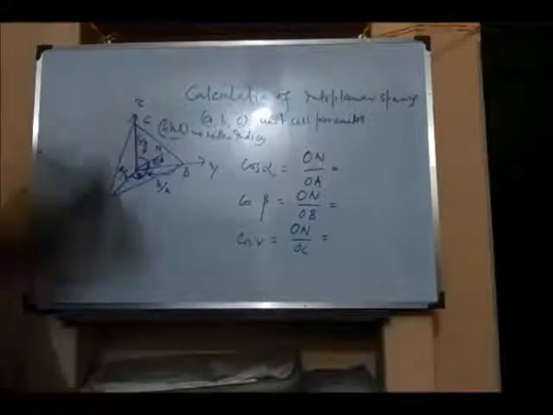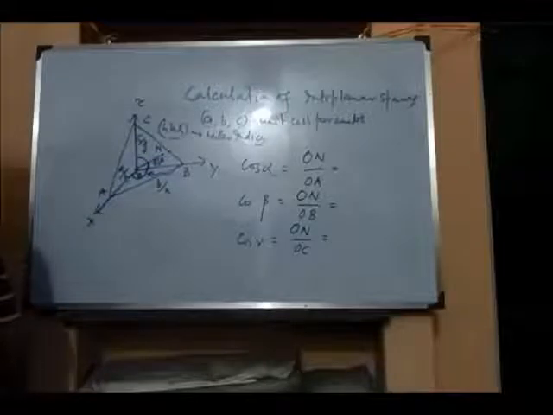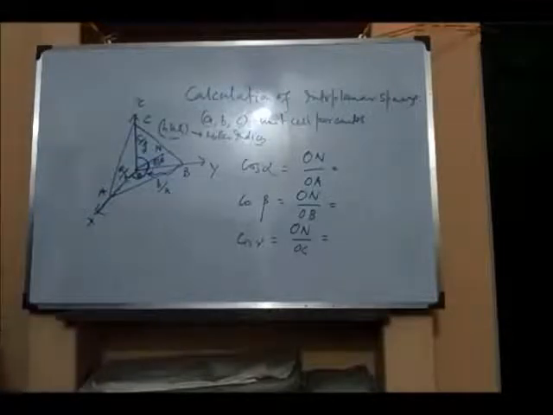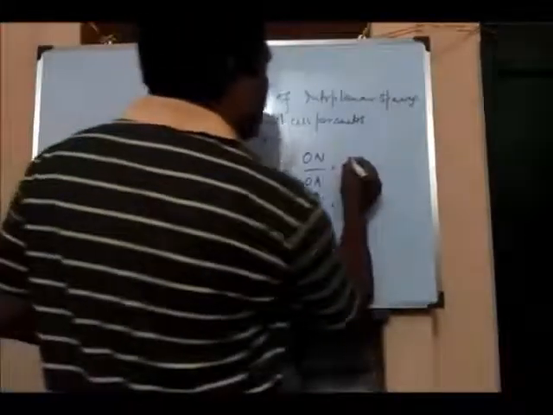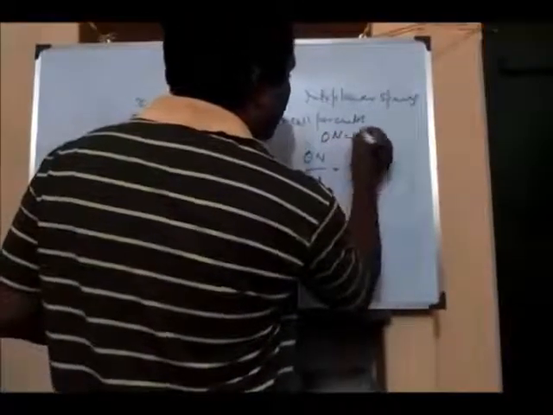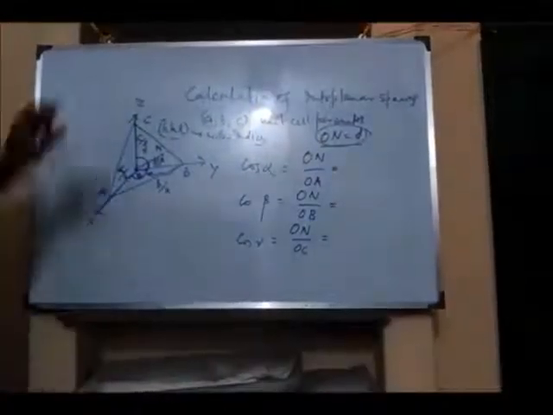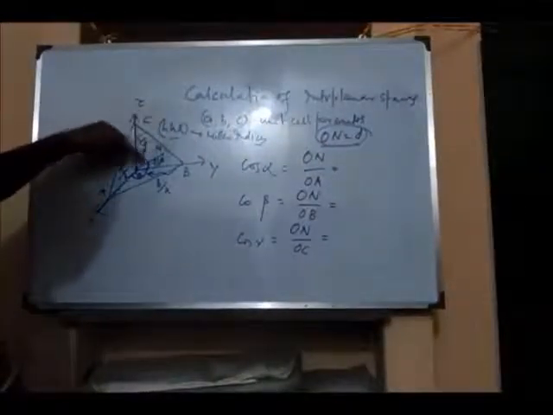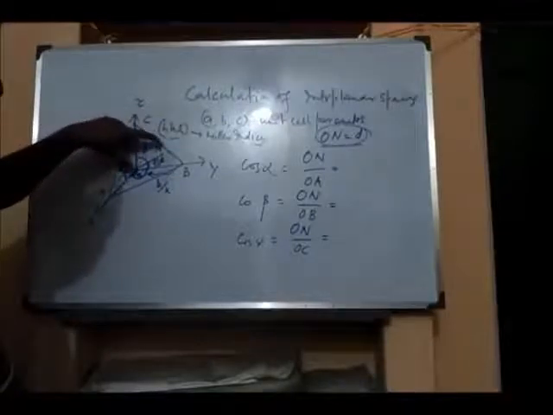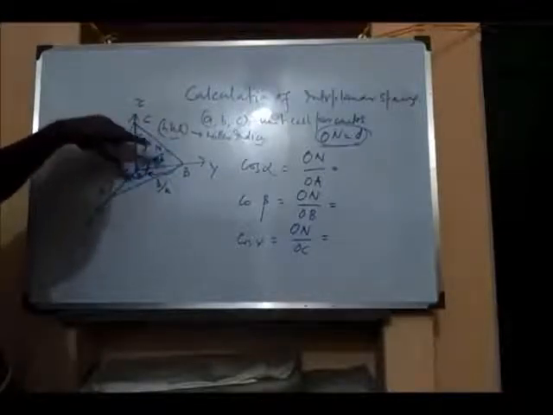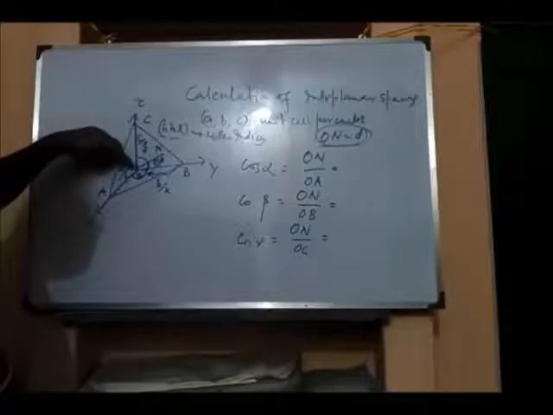This is the normal. If this is the distance between two planes, then I can write that this ON must be equal to d. Am I clear on this portion? That ON is the perpendicular distance which passes through the origin. So if you choose any plane ABC, another plane must pass through this origin.